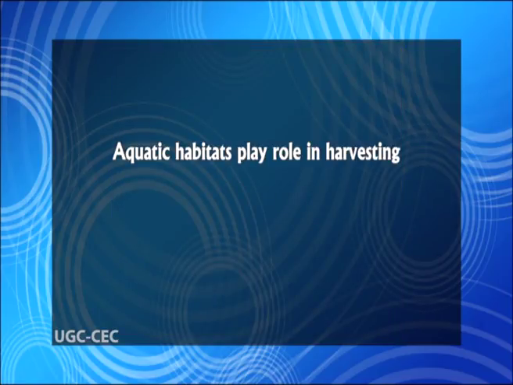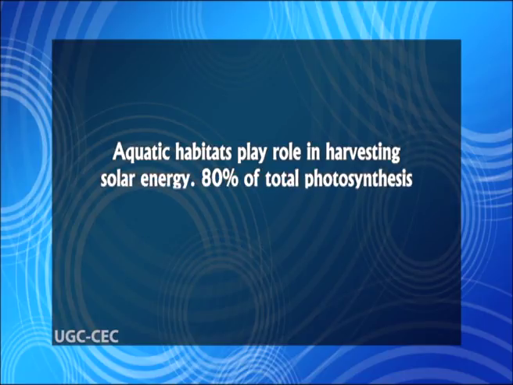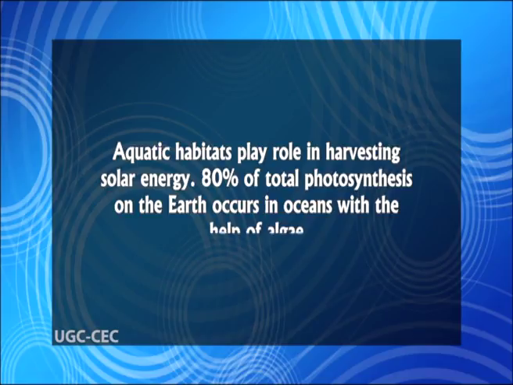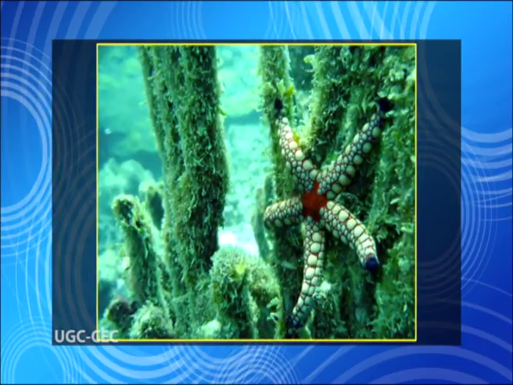Aquatic habitats play a role in harvesting solar energy. 80% of total photosynthesis on the earth occurs in oceans with the help of algae. So algae represent a major living organism which helps in primary productivity.